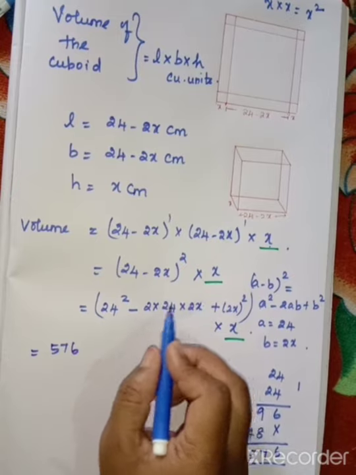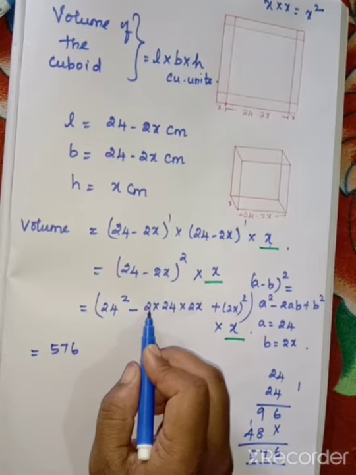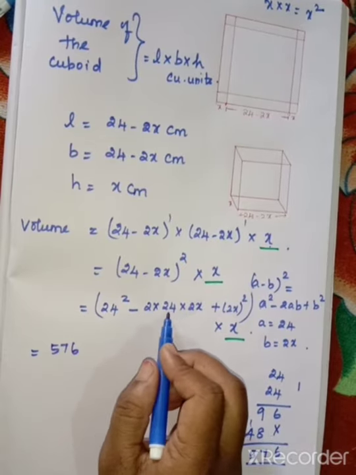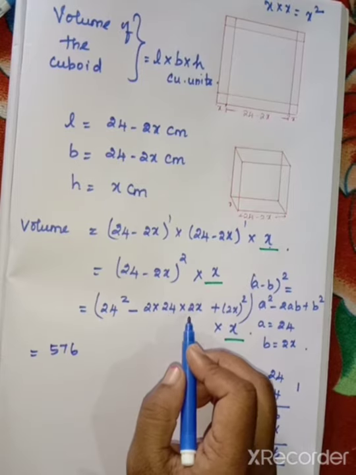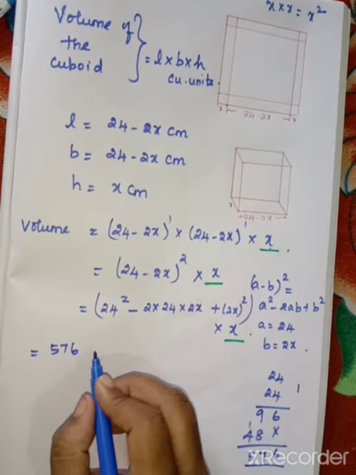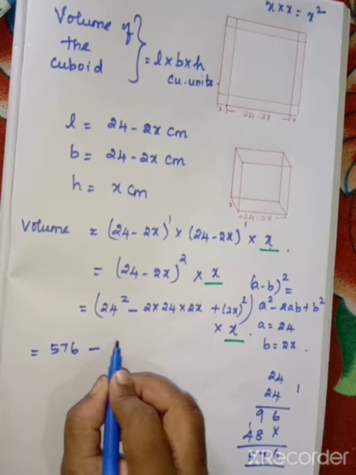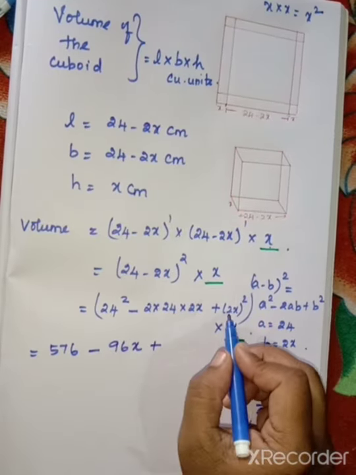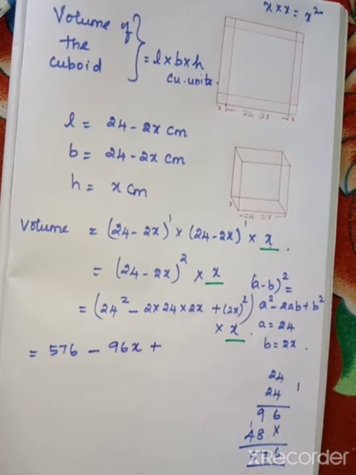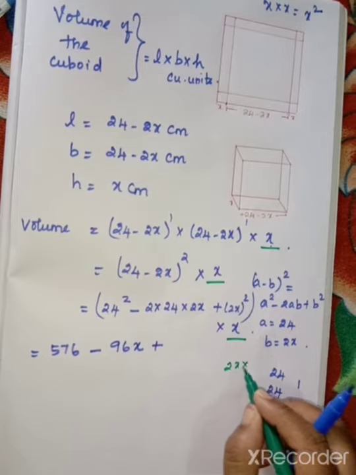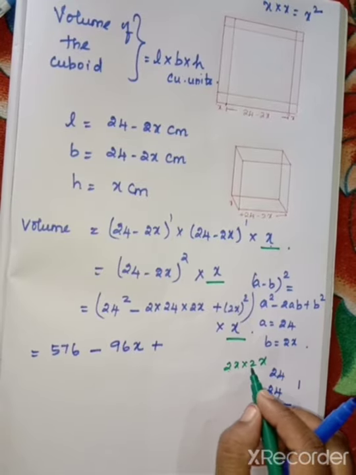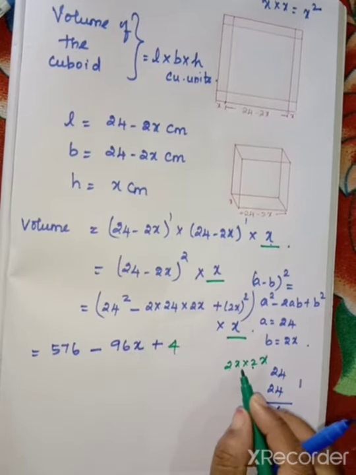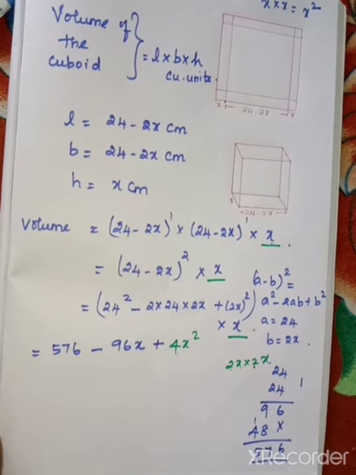576. Here you have to multiply. If you multiply, 2 24s are 48. 48 into 2 is 96. So minus 96x plus 2x the whole squared. 2x the whole square means you have to multiply 2 times. So 2 2s are 4. Then x into x, x squared.